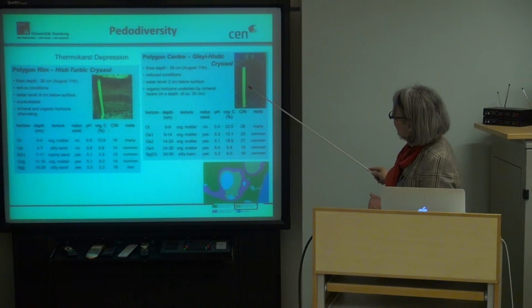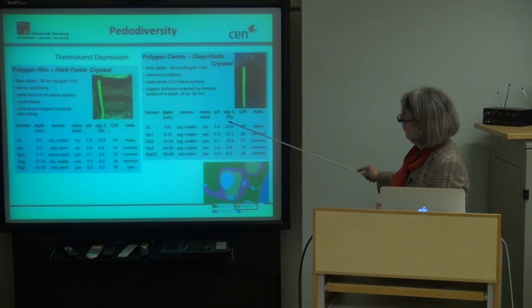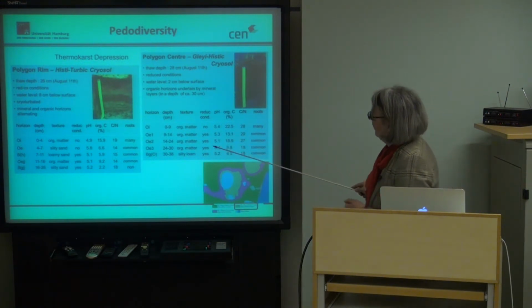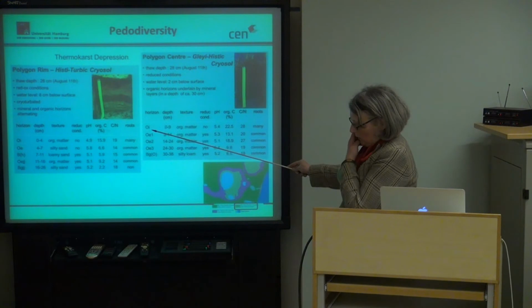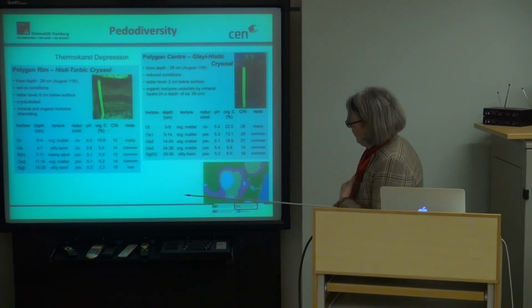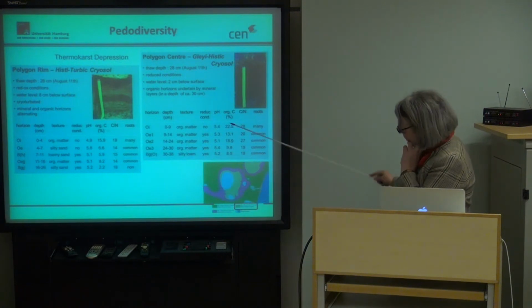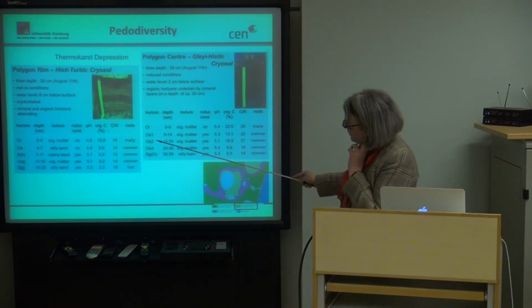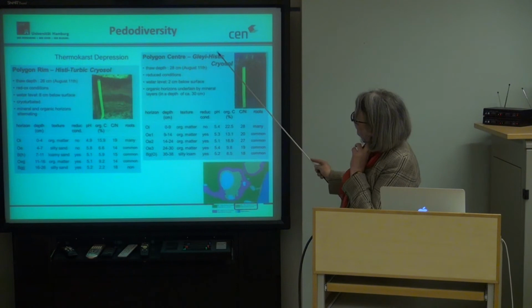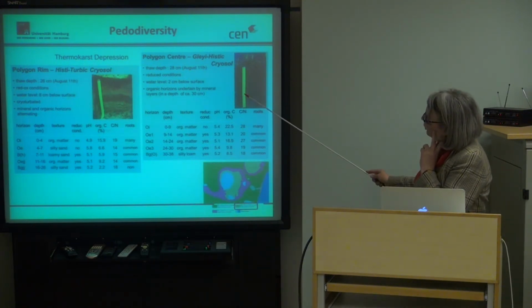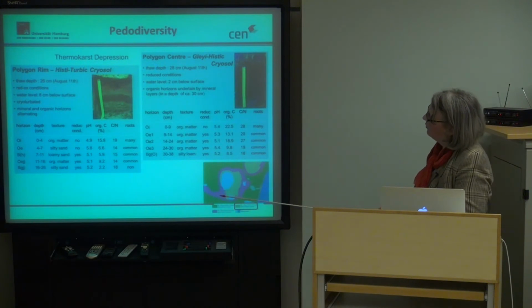In the polygon center you have a lot of carbon, it's more than peat because it's generated in wet conditions. So this should be peat in our system. In your system, I don't know, I think you would give other horizon names, but according to the WRB system they get O, and you see a lot of carbon which is stored in these thermokarst depressions.